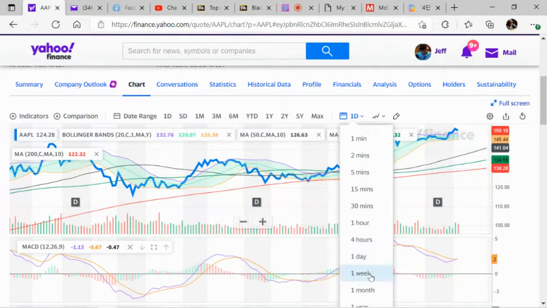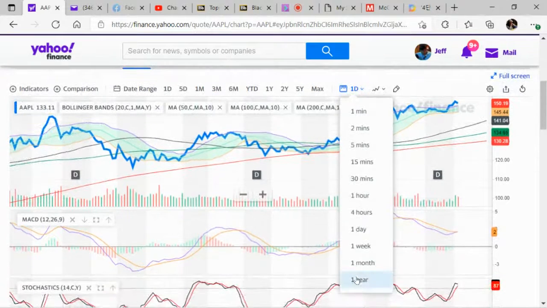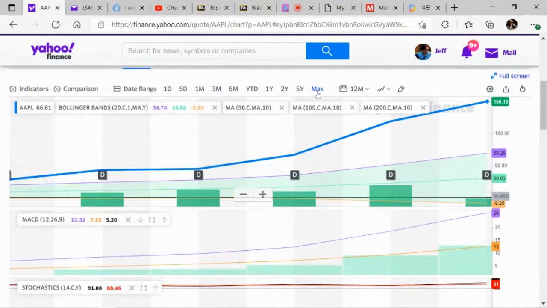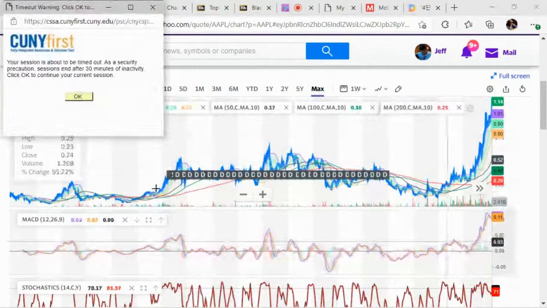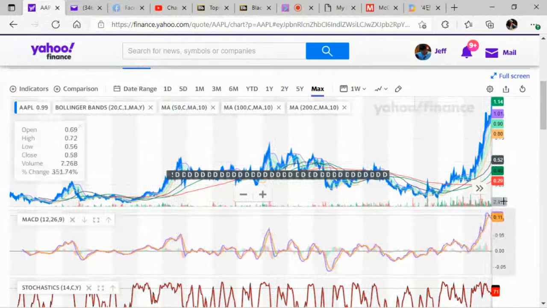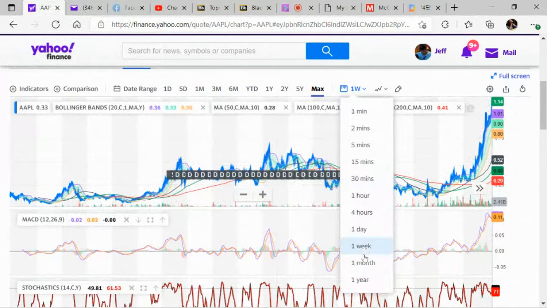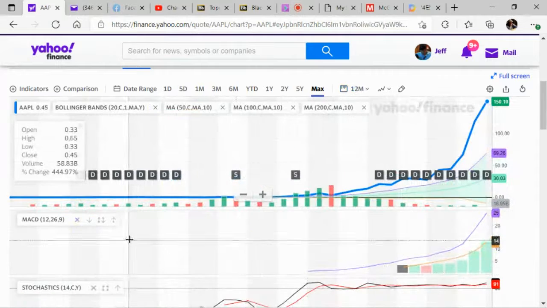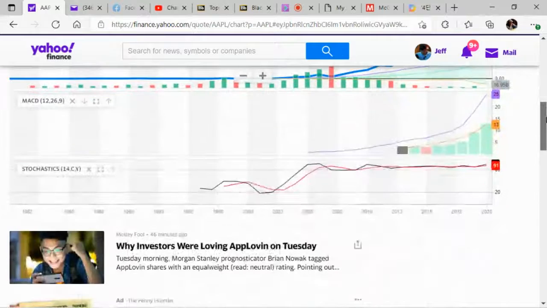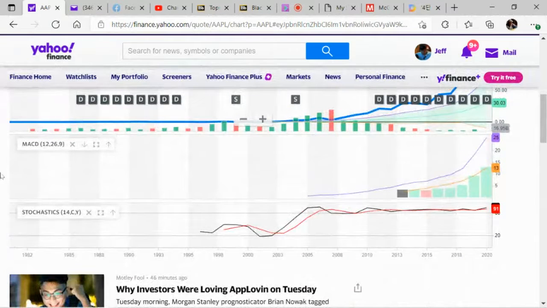But let's take a look at annual, like 1 year, and then maximum. So each notch is a year, which is 12 months. 1982, 1981, right?